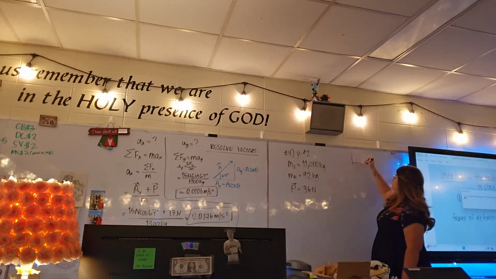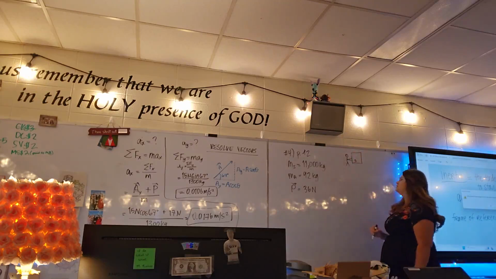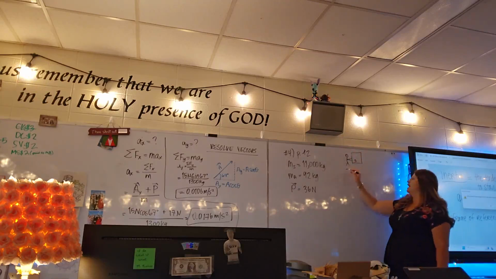All right, so I can't draw. So here's my spaceship. Here's my astronaut with really long arms. I'm saying that the force applied in the positive direction is the man on the spacecraft. That's 36 newtons.